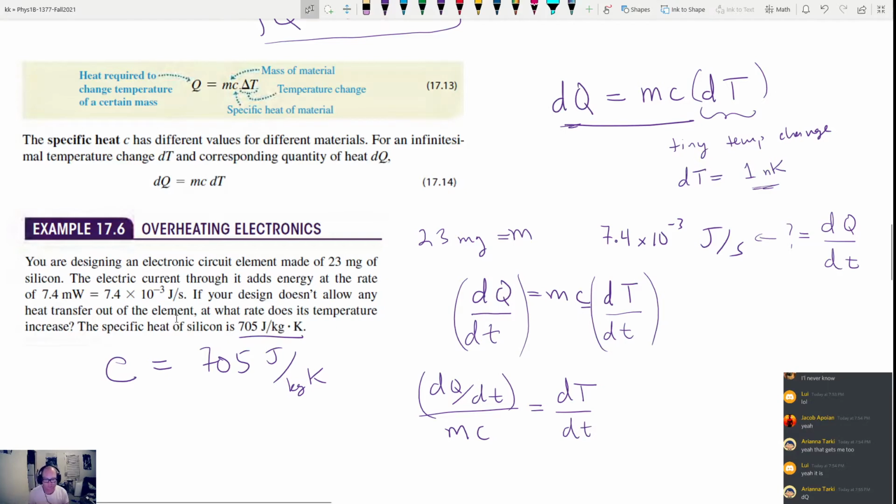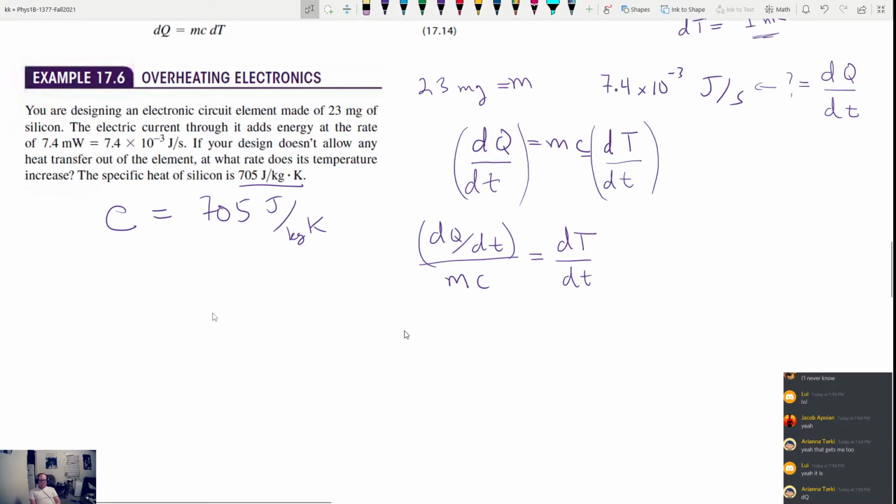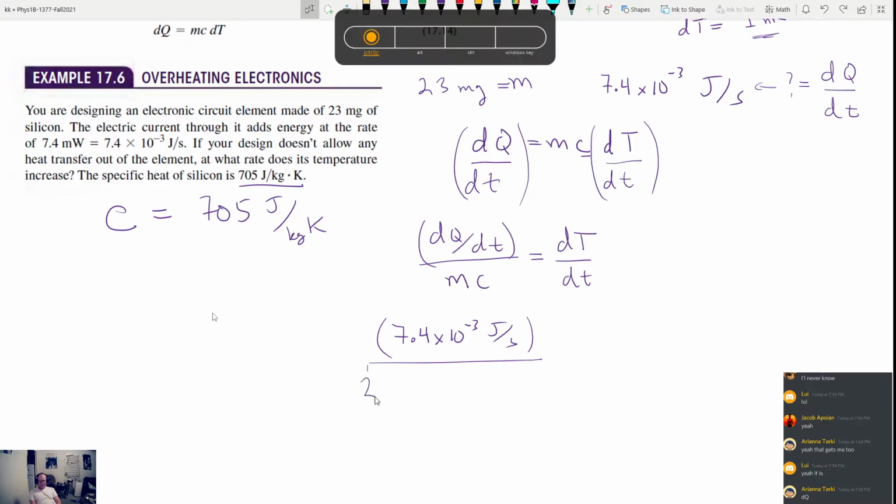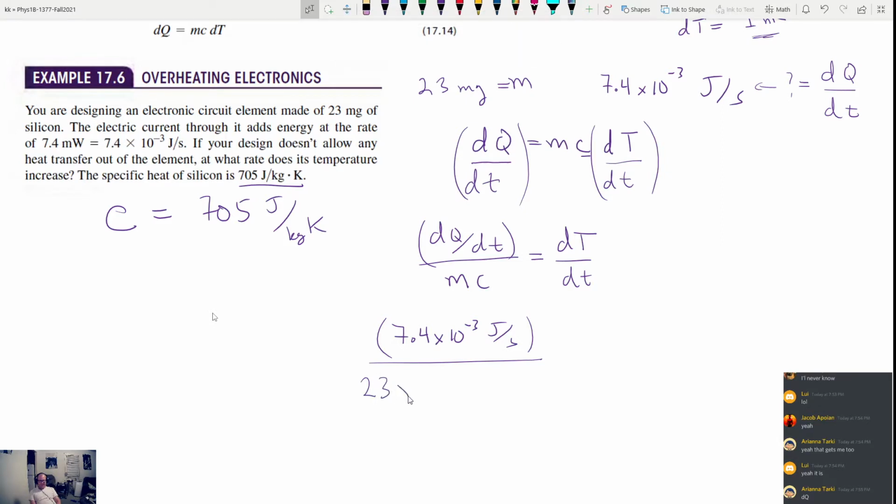And if we plug in those numbers, in the numerator we have 7.4 times 10 to the negative 3 J over s. In the denominator, the mass was 23 milligrams. We have to convert it to kilograms, right? So I think it would be 23 divided by 1,000,000.